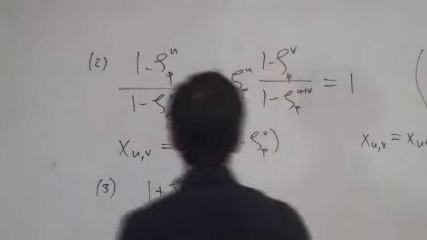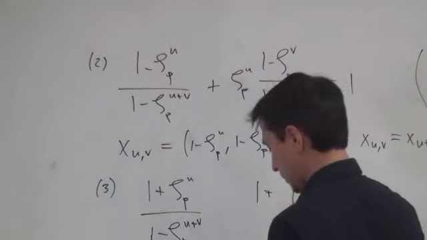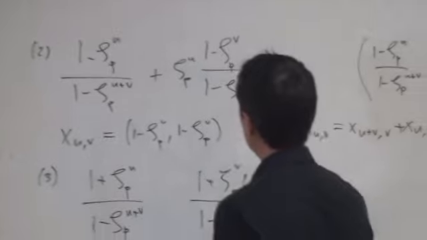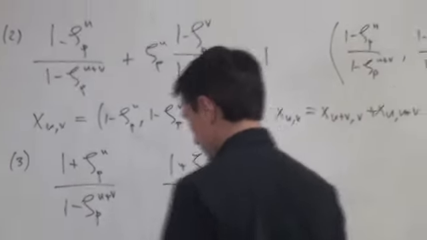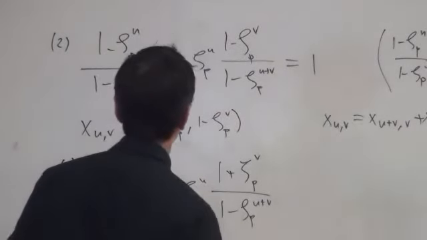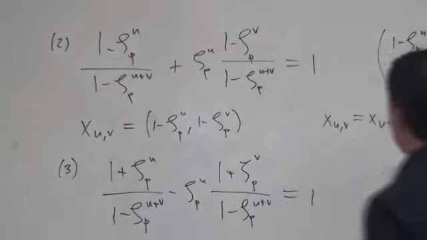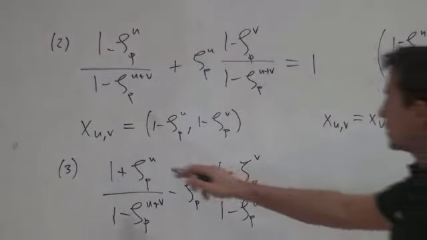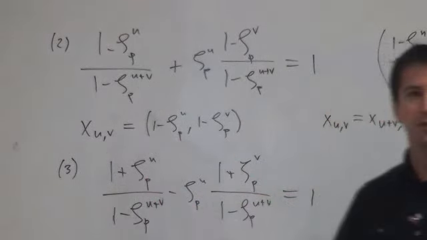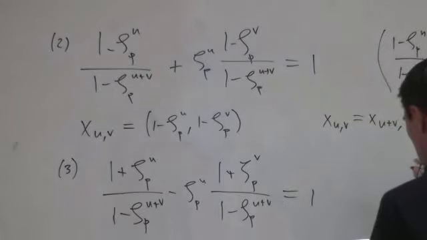So if I take (1 plus zeta p to the u) over (1 minus zeta p to the u plus v), and (1 plus zeta p to the v) over (1 minus zeta p to the u plus v), and then I take minus zeta p to the u, then hopefully, yes, okay, this is 1. And so then I get some similar pairing as 1. Notice the plus is fine because this is (1 minus zeta p to the 2u) over (1 minus zeta p to the u). So if you work out what this tells you, it tells you something rather awful.